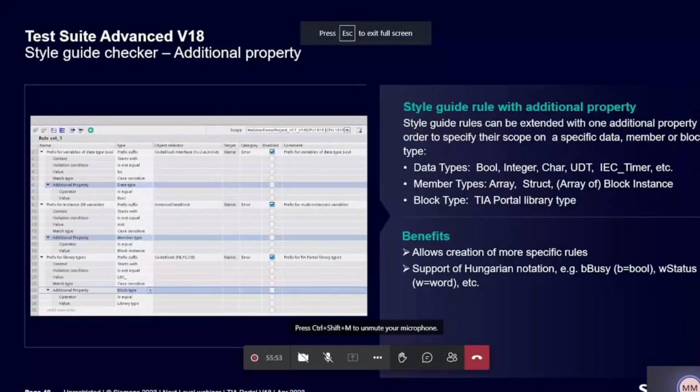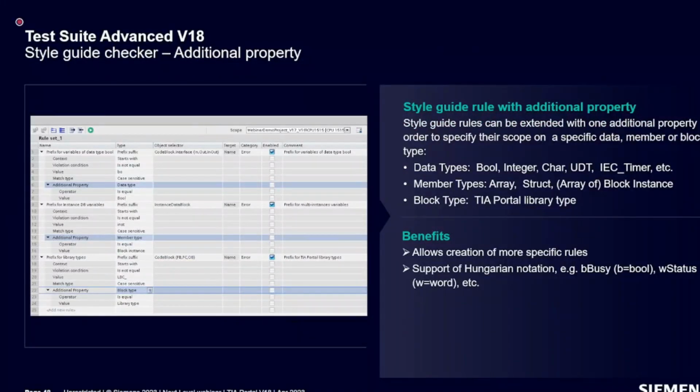And the second innovation: there is an additional property incorporated in the test script. Here you can see on the left-hand side of the screen there is a screenshot. This allows us to configure what type of testing we are doing with the style gate checker.